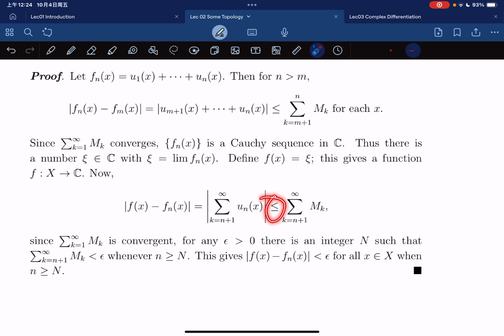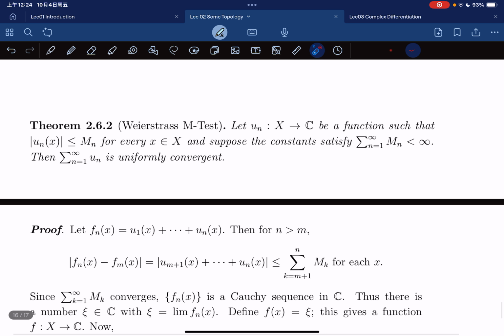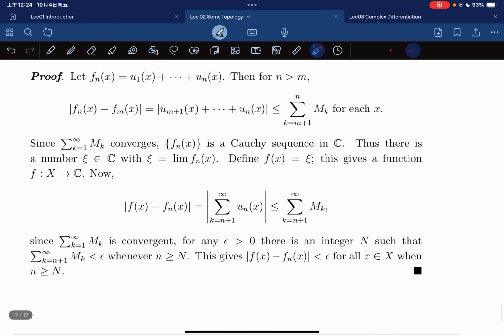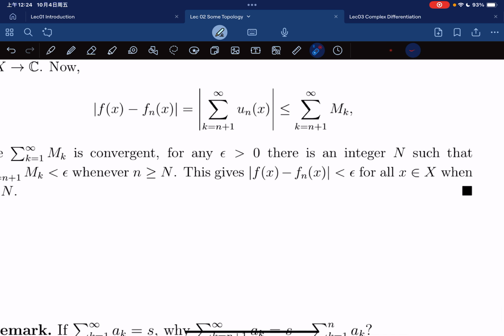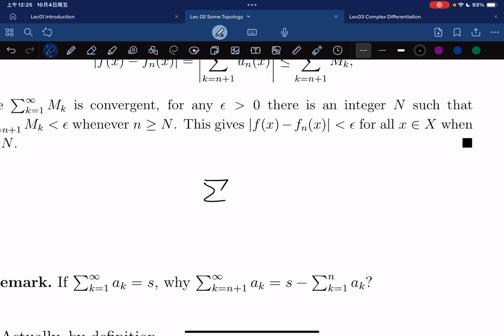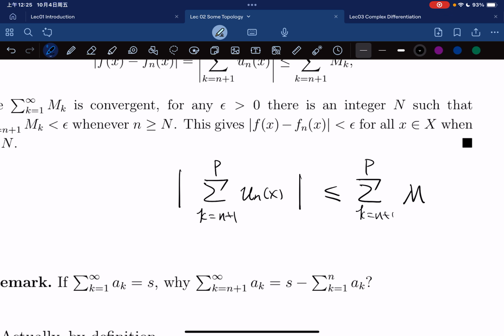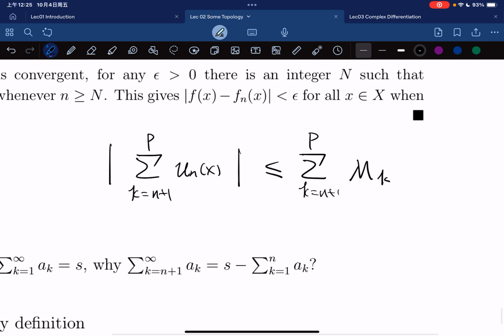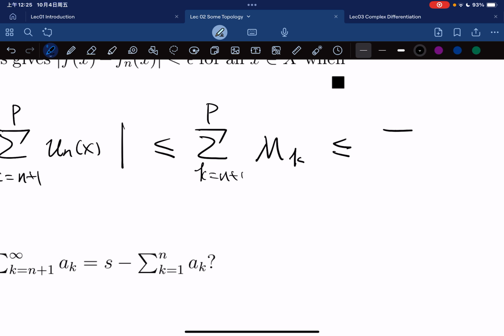And this inequality still requires some explanation, okay? Because first we have each M_n is positive. So what we have is that the partial sum of u_k(x) will be less than or equal to the partial sum of M_k, and this will be less than or equal to the limit.